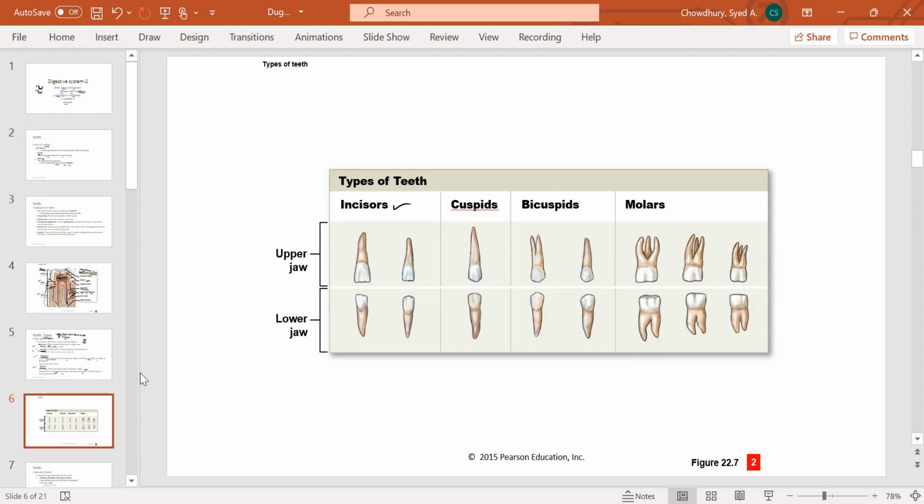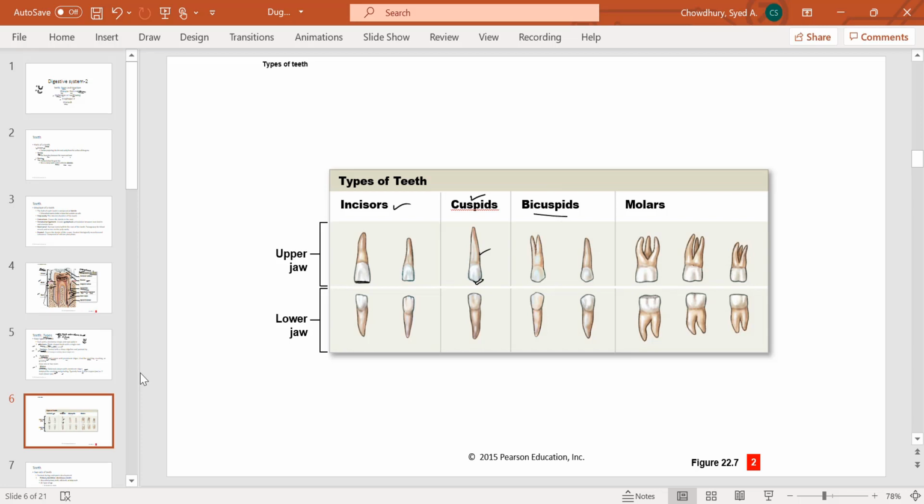Here you see the incisors have a sharp blade-like edge, for chopping or cutting of the food, and cuspids are the canines. If you see the canine teeth, they have a pointed end, so tearing the fibrous food is the main function.